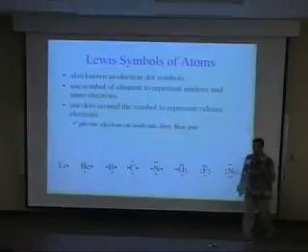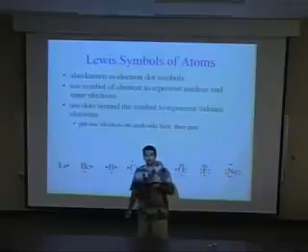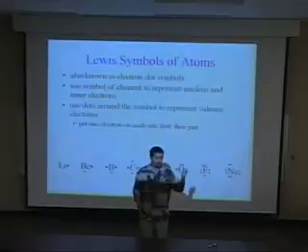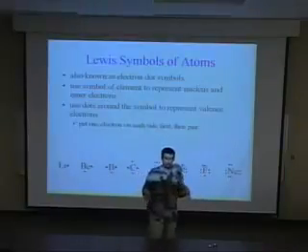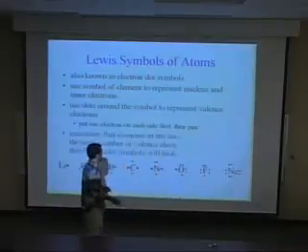Now this becomes important because it allows us to keep track of things. For every valence electron that something has, it's an electron that can either be given or taken or shared with something else. So it allows us to keep track of valence electrons and what's happening.